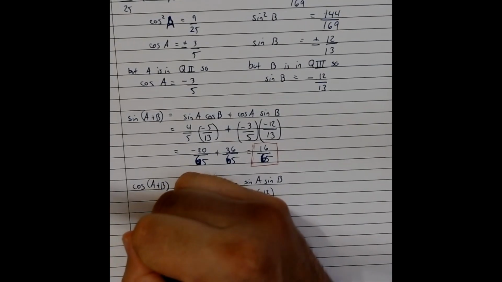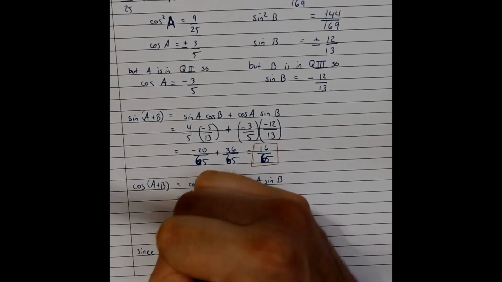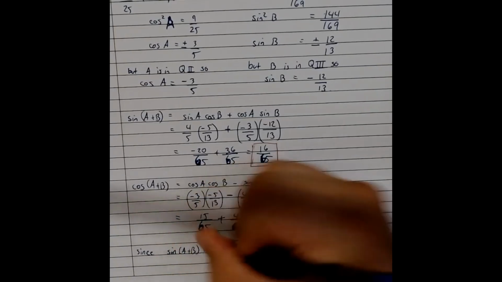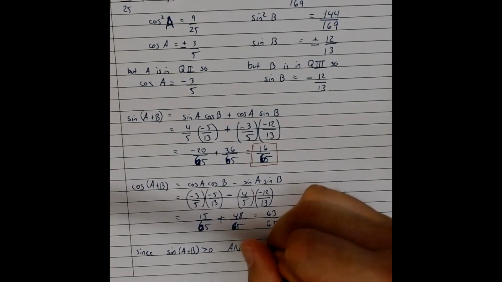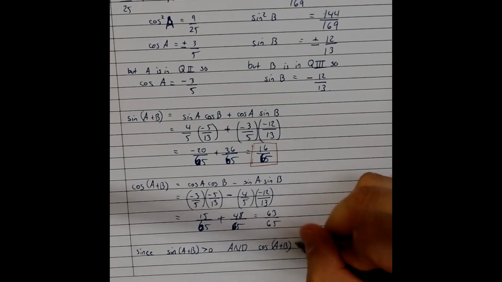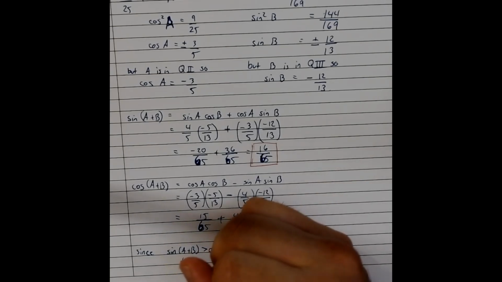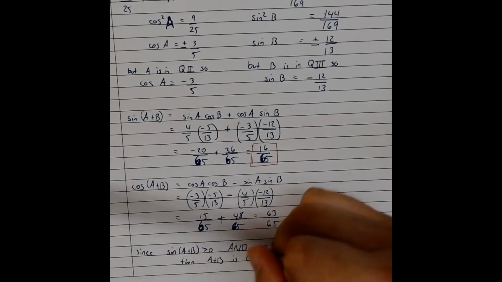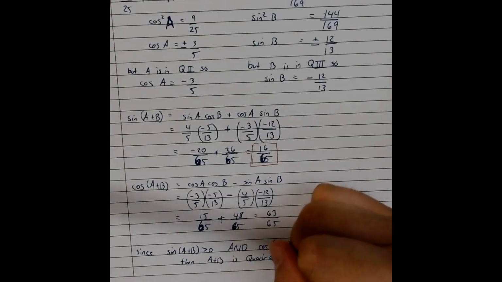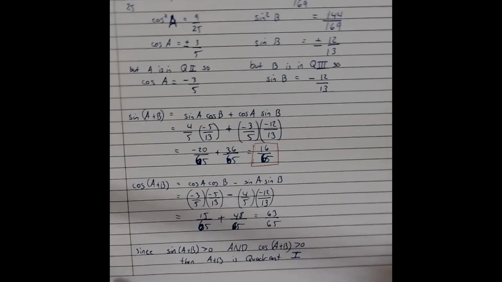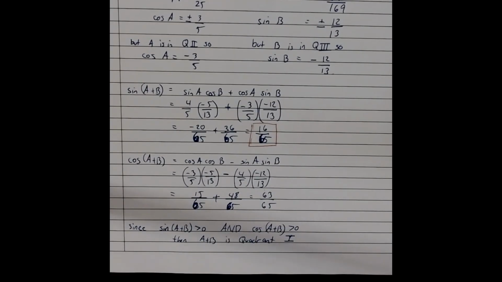So since sine of A plus B is positive, and the cosine of A plus B is also positive, then A plus B must be in quadrant 1. And that makes us happy.